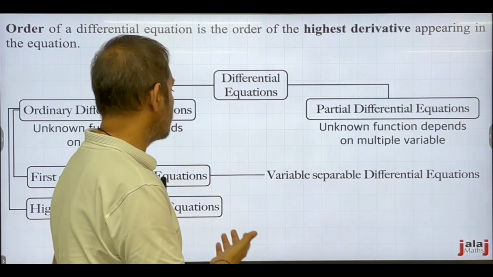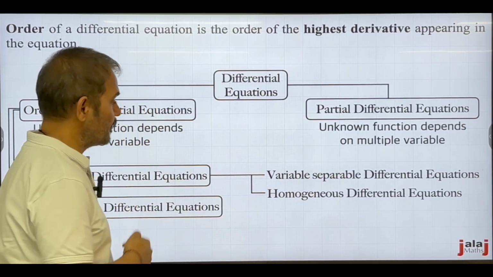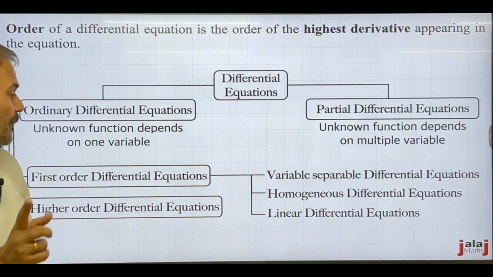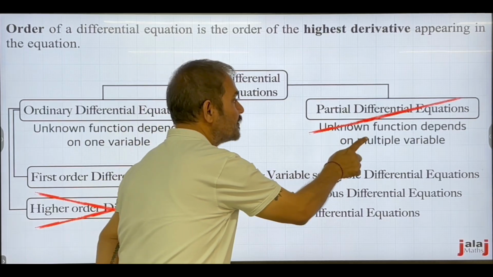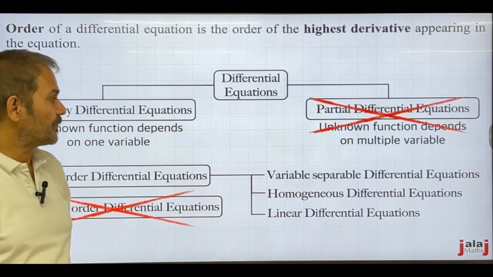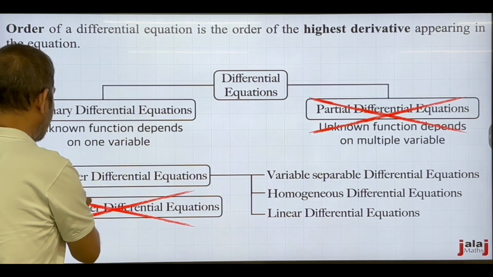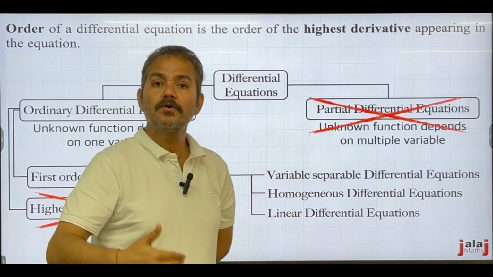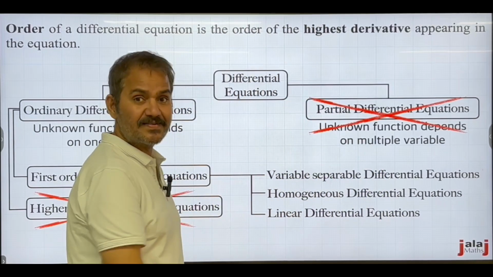You have variable separable, you also have homogeneous differential equations, you also have linear differential equations, etc. But remember, higher order differential equations and partial differential equations are not part of your IB syllabus. So what you will do is only ordinary differential equations, and that too only first order. Of course, there are different types, so we will see how we solve a differential equation depending upon its type.